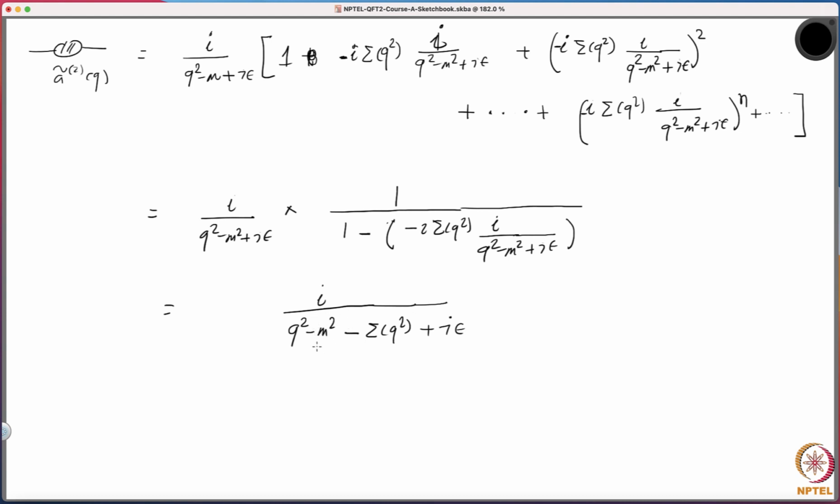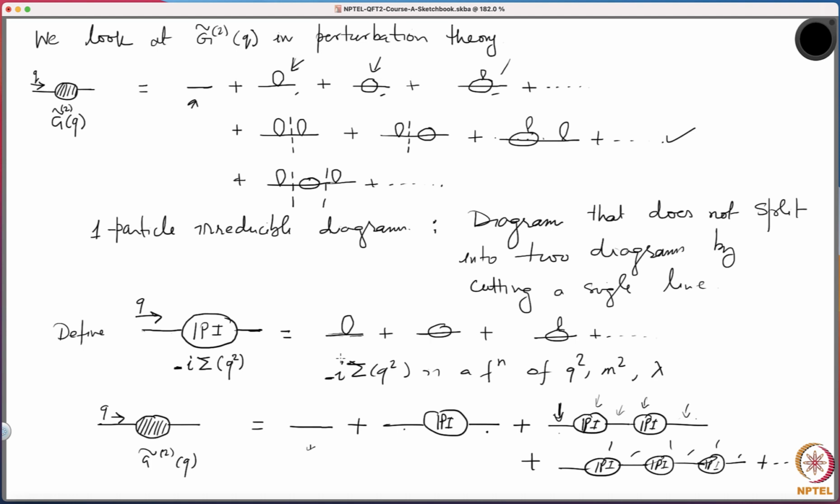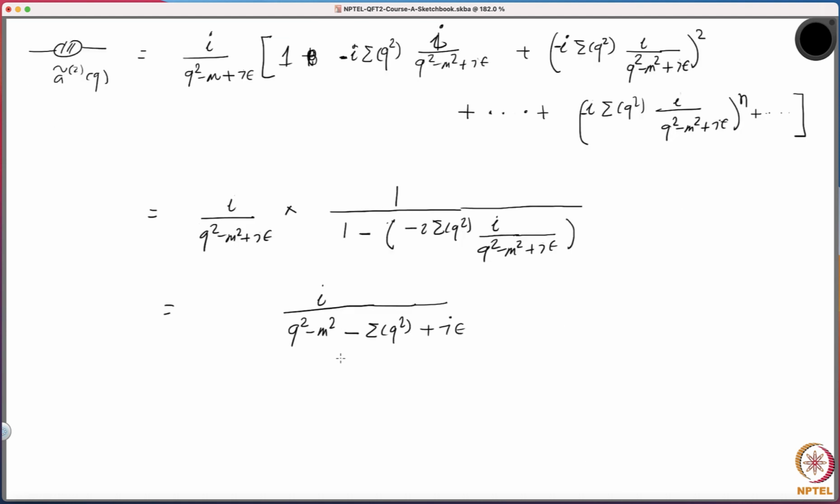The shift in the mass, or the physical mass, is related to this bare mass by a positive shift if sigma of q square is positive. And that's the reason behind choosing those factors of minus I in front of sigma q square, but you don't have to. You can keep it to be plus I also.